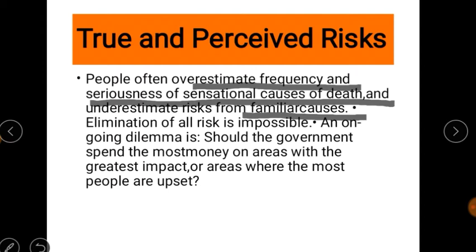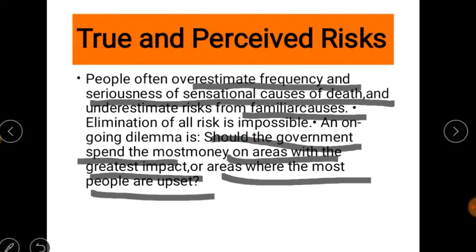So we cannot close the industry also. So we cannot underestimate risk from familiar causes also. So elimination of all risk is impossible. And the ongoing dilemma is, should the government spend most of the money on areas with the greatest impact or areas where the most people are upset?